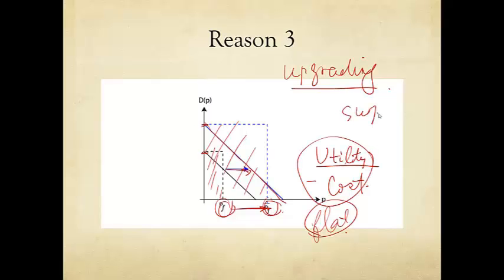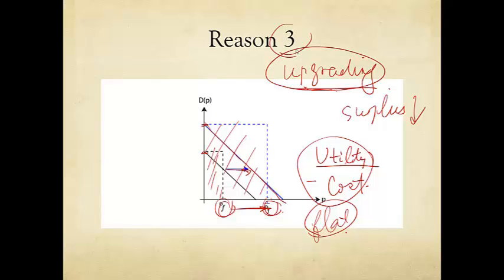The surplus actually reduces as you go through an upgrade. And this counterintuitive behavior is again due to the fact that recovering costs through a single flat price is inflexible. This is reason number 3.